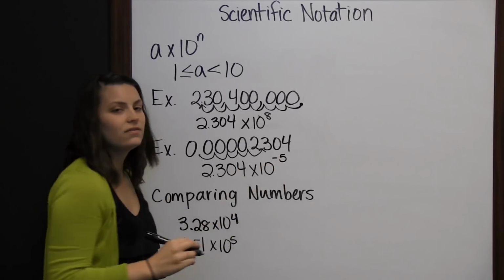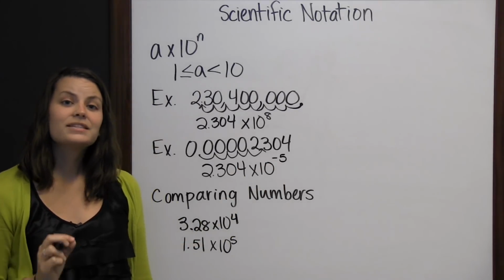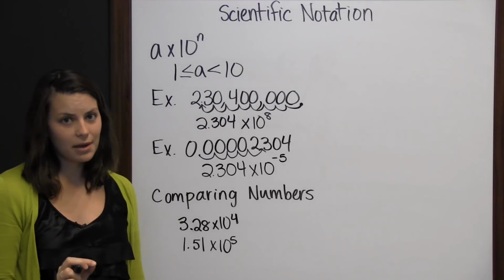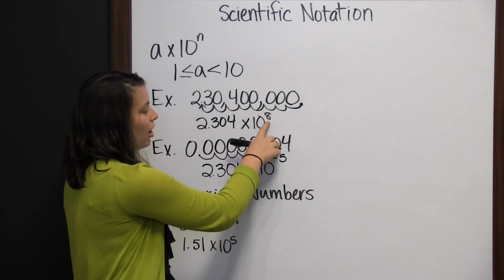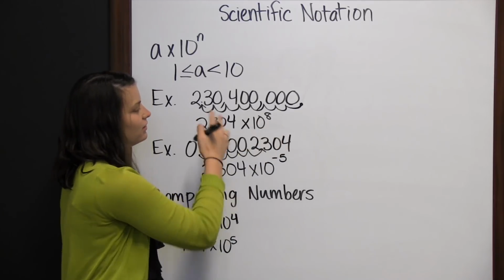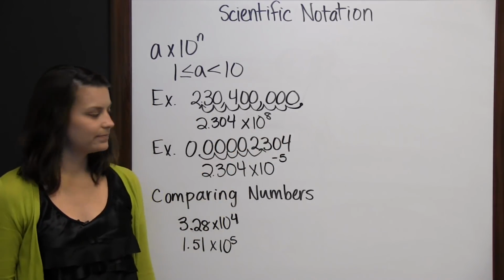And that negative exponent lets you know that that's a very, very small number. It's a decimal. It's less than 1. Whereas a positive exponent tells you that it's a very large number.